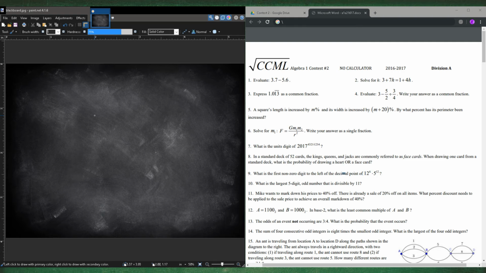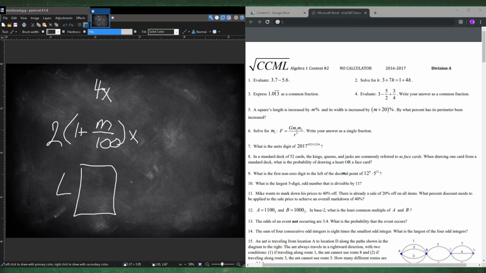So we have a square, let's say its side is x, so the perimeter is 4x. So the length is increased by m%. So if this was like 20, you divide it by 100. So 1 plus m over 100 times x times 2, because the length is on both sides.